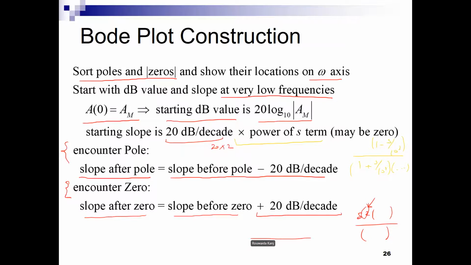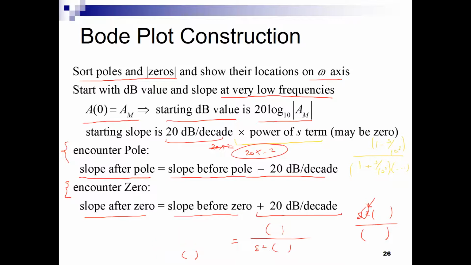And if my example had over s squared, then really it is equal to s to the minus 2, okay? And so the power of s is minus 2, and I multiply 20 by minus 2, and the starting slope is minus 40 dB per decade. This is what this example is supposed to tell us here, okay?